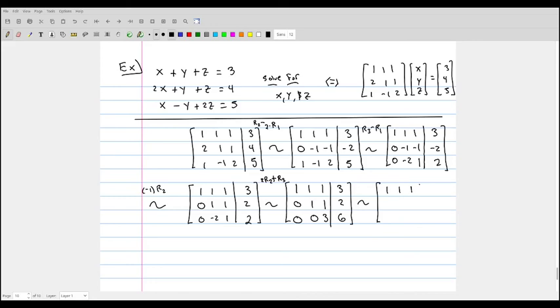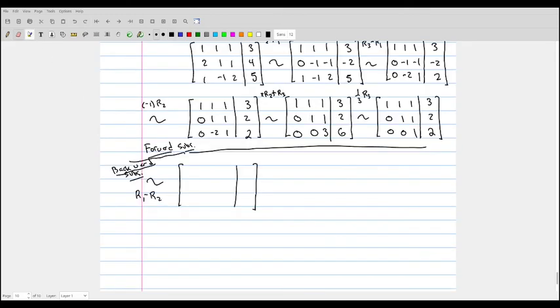So the last thing that we can do for the first part of Gaussian elimination, so we're doing R1 minus R2, which will be 1 minus 0, which is 1, 1 minus 1, which is 0, 1 minus 1, which is 0, and 3 minus 2, which is 1.